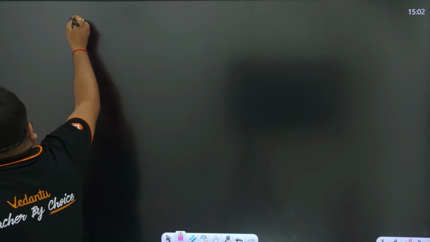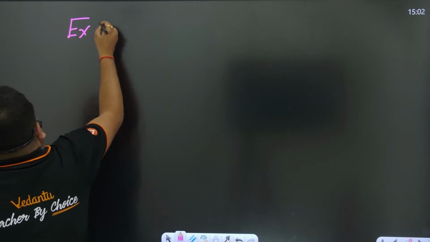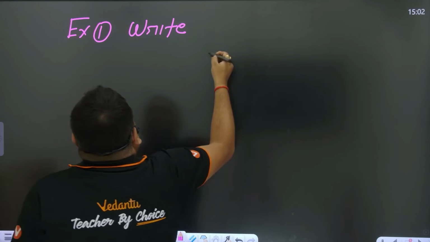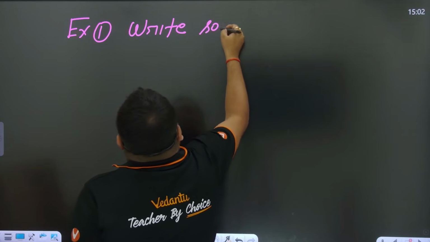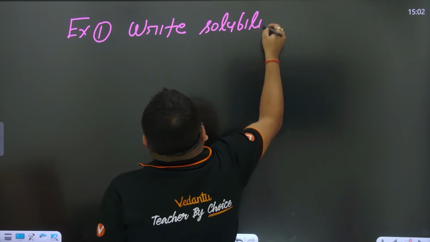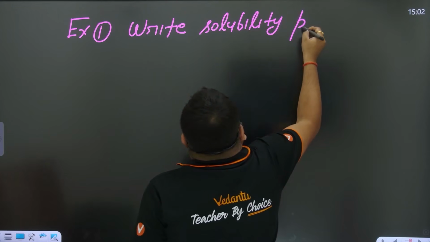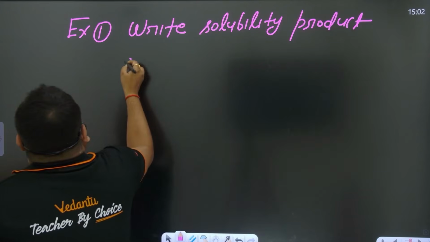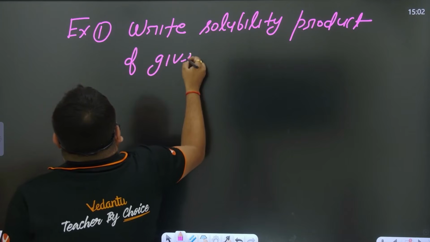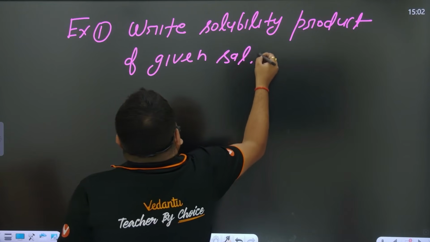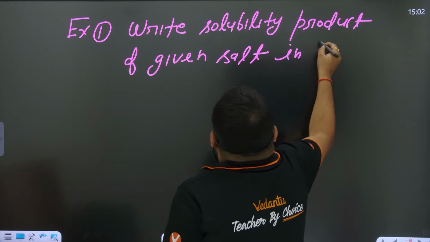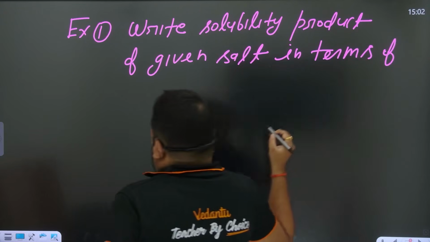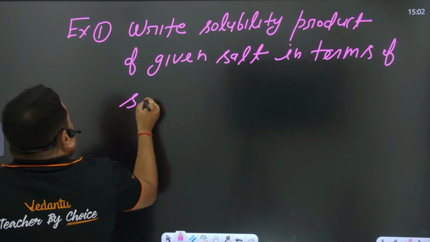For example, example number 1: write the solubility product of the given salt in terms of solubility.